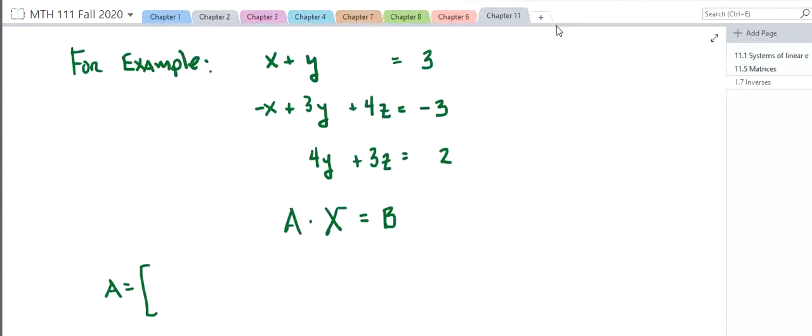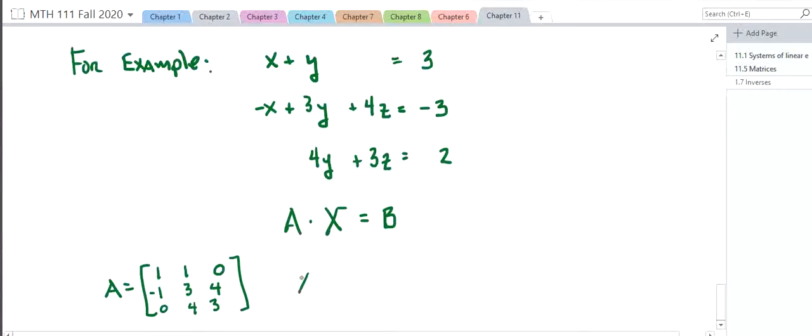So let's let our A matrix equal the coefficients in front of the variables over here on the left side. For example, we have 1 X, we have 1 Y, and we have 0 Z's. For our second row, we have minus 1, 3, and 4. And the last row is 0, 4, and 3. Make sure you keep your X's, your Y's, and your Z's all straight.